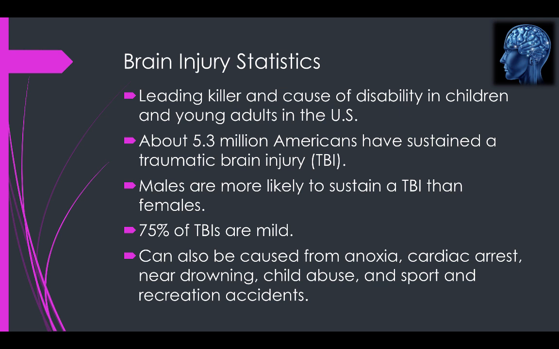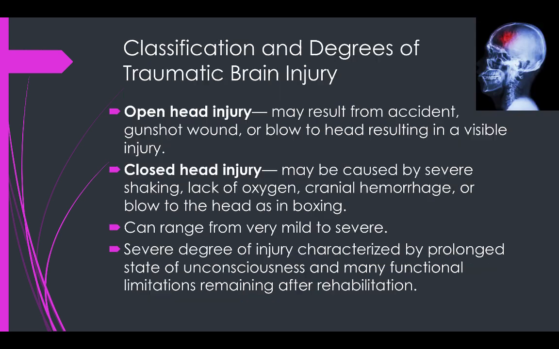It can be caused by anoxia, which is lack of oxygen to tissues within the body and the brain, cardiac arrest, near drowning, child abuse, shaken baby syndrome, and also sport and recreation accidents. Impacts to the brain can occur, such as concussions, which is a form of TBI, traumatic brain injury.